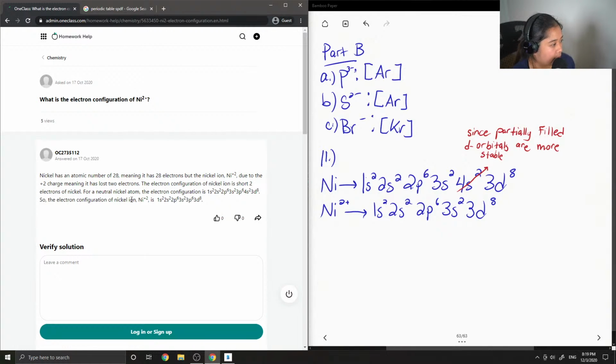For a neutral nickel atom, the electron configuration is 1s2, 2s2, 2p6, 3s2, 3p6, 4s2, 3d8. So the electron configuration of nickel ion is 1s2, 2s2, 2p6, 3s2, 3p6, 3d8.